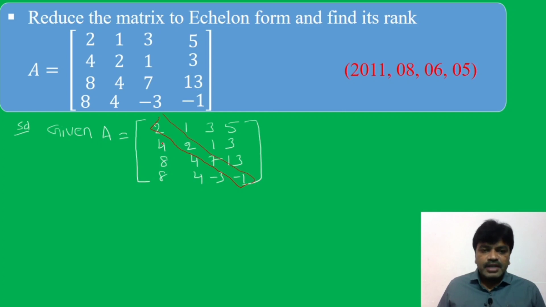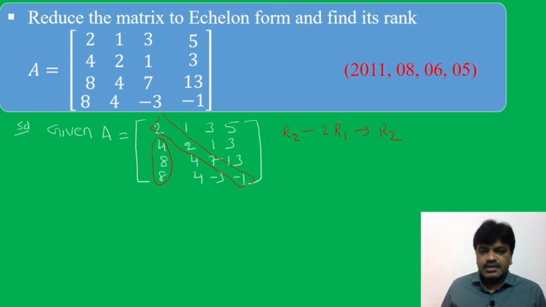First I want to make these 3 elements 0, friends, by fixing R1. Let us see how. Here we have 4, and this is denoted by R2. So R2 minus 2R1 in place of R2, friends. To make 4 into 0, the row operation is R2 minus 2R1 in place of R2.